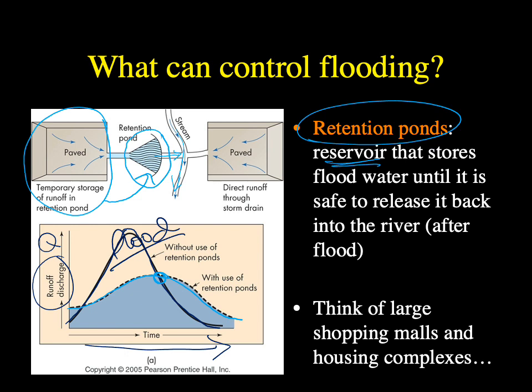So you may not get a flood. You're holding that water until it's time to slowly release it back into the stream, and therefore you decrease the magnitude of the flood. So retention ponds can be very helpful to mitigate and control flooding in an area that has a lot of impermeable surfaces. Again, think of those shopping malls.